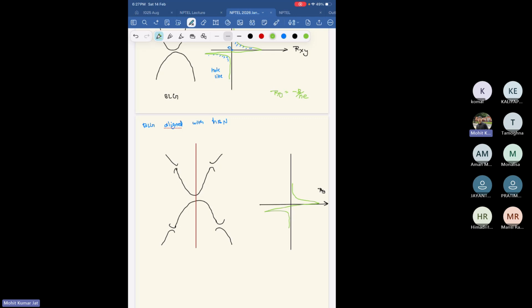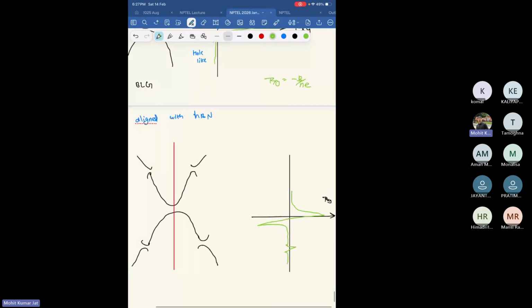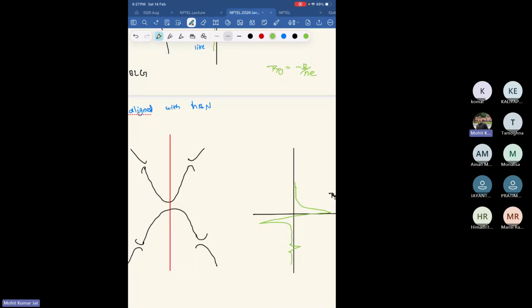But then, if you go on this side, a transition will come where this band is hole-like, but this part of the band is electron-like. So we'll get a positive signal. Then there will be a sign change in between, and then there will again be a negative signal. It will be something like this, and the same thing goes on this side also.